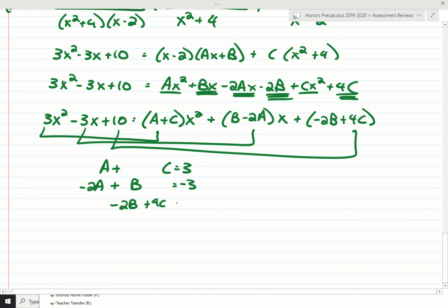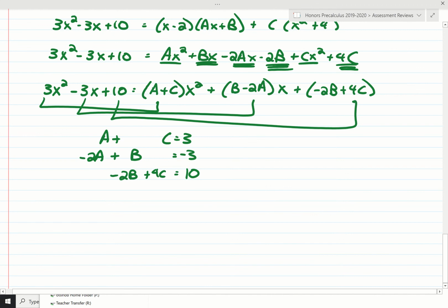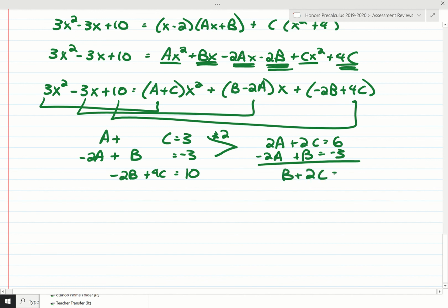All right, so let's see, to solve the system, what we could do is eliminate a in this. So multiply the top by 2. And then we could use this other equation here to finish it.